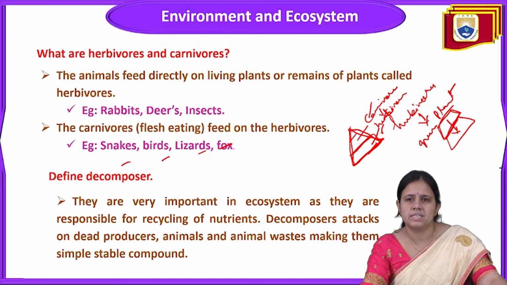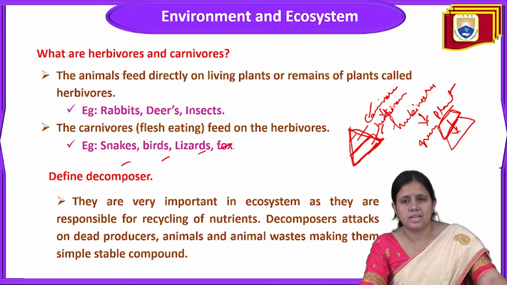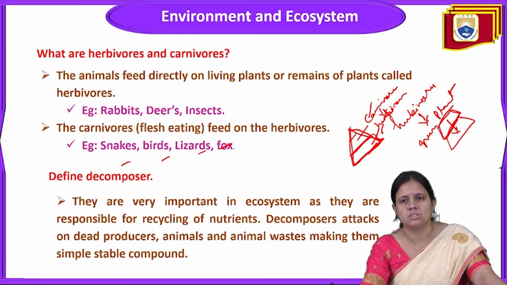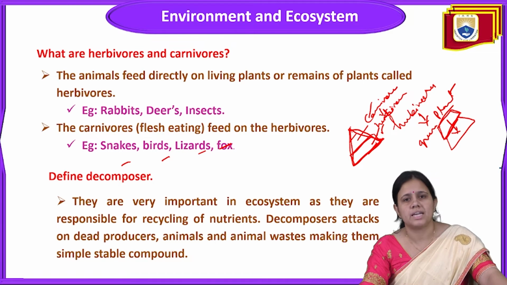So we can say that decomposers break down all the nutrients present in a dead organism. If an organism is dead, it is decomposed by a decomposer, and they bring back all the nutrients present in that dead producer or animal, or any animal waste, into the atmosphere. That's why they play a very important role in the recycling of nutrients.